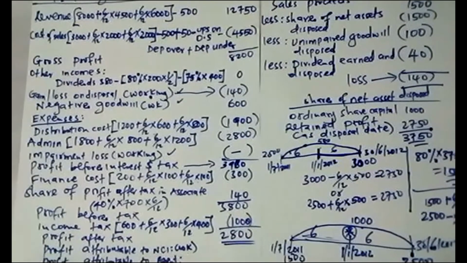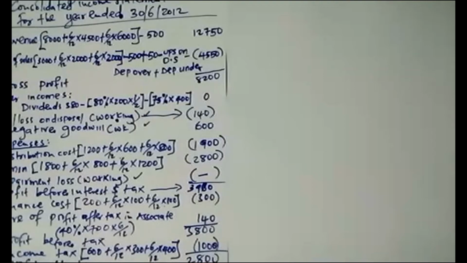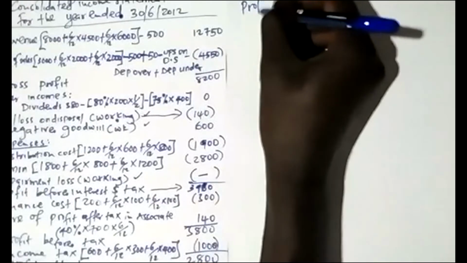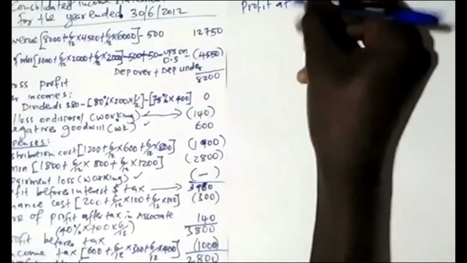So we check if there's profit attributable to NCI, then profit attributable to parent. That will be our last working for the income statement. So the profit attributable to the NCI, that is non-controlling interest.